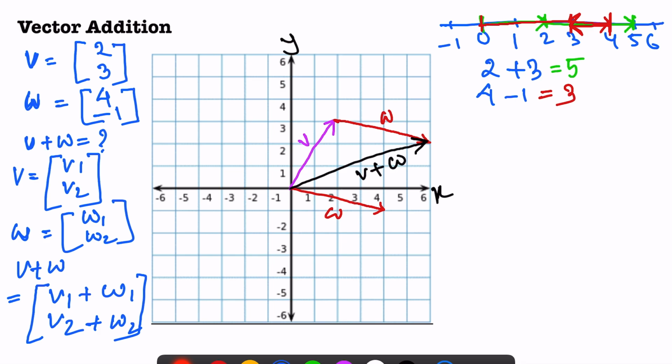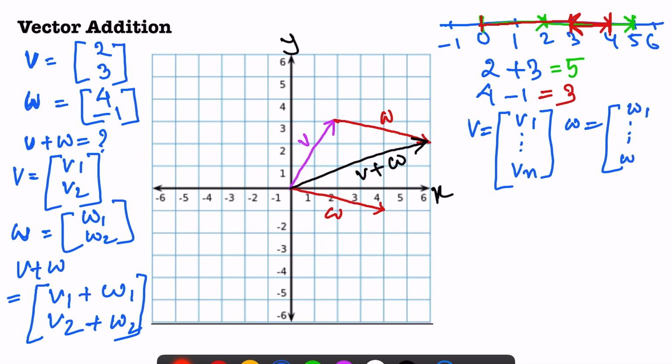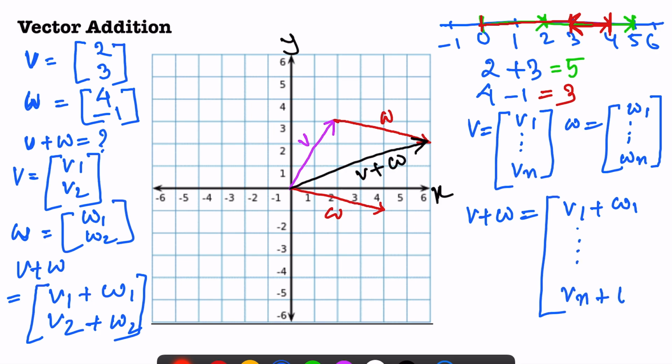So we can extend this in n dimension as well. If we have vector v, that is v1 till vn, and vector w, that is w1 till wn, then v plus w will be v1 plus w1 till vn plus wn.